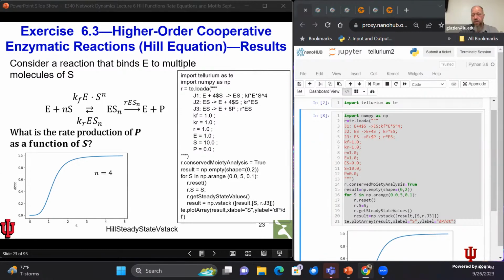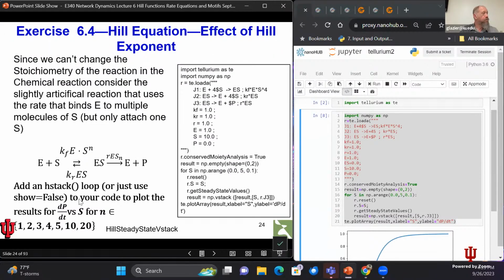Okay, do people have this working one way or the other at this point? Everybody's got it? Okay, so you should see something that looks like this, which is this nice curve. Now what I would like people to do is add a loop to this where you scan the value of n. I said n and there is no n.